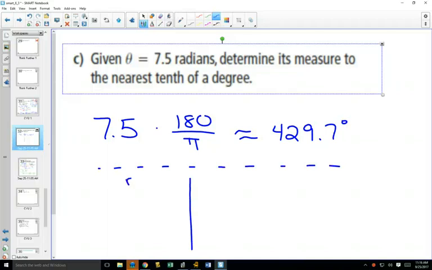Or you could start with your chart. You know that pi radians is 180 degrees, and you need to figure out what 1 radian is.